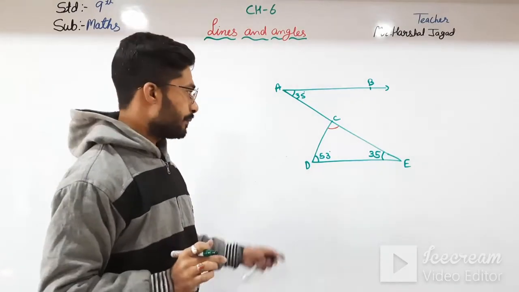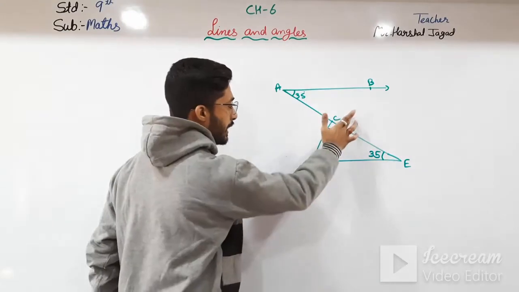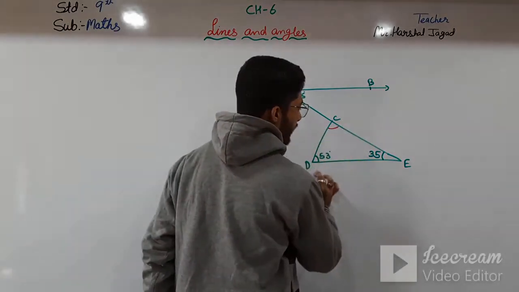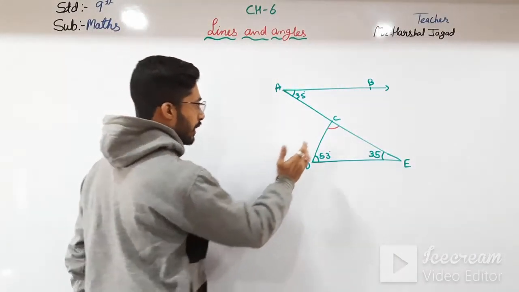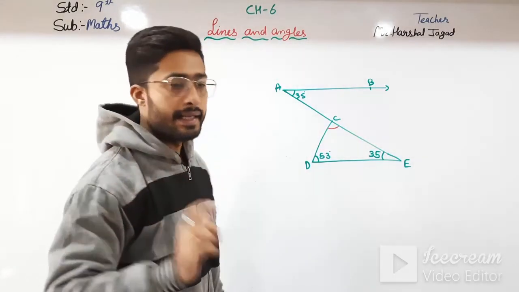Now, we know about the triangle CDE. The total of a triangle is always 180 degrees.